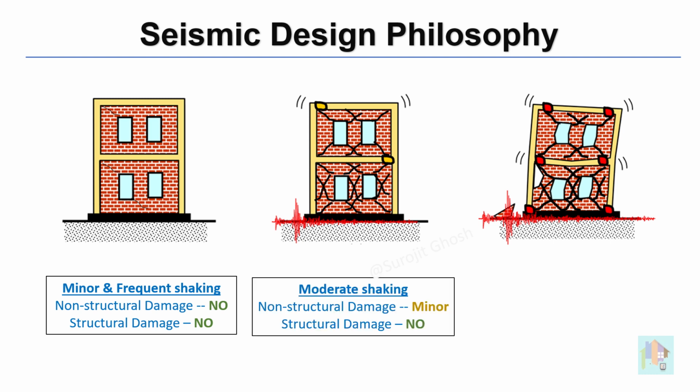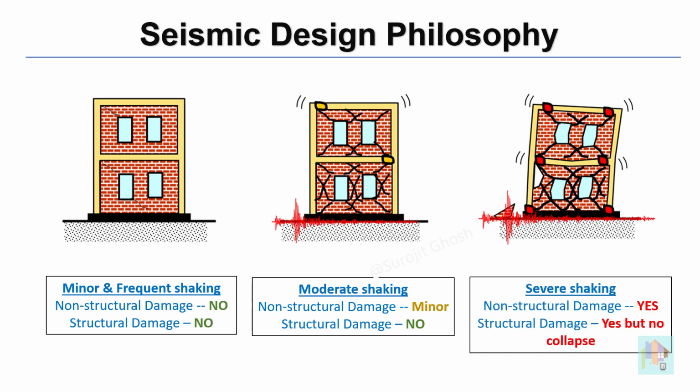For moderate earthquake, there might be some minor damage to the non-structural element, but no major structural damage. Finally, for any major earthquake, there might be few significant structural damage, but it will not collapse. So there will be adequate time for the residents to leave the building.